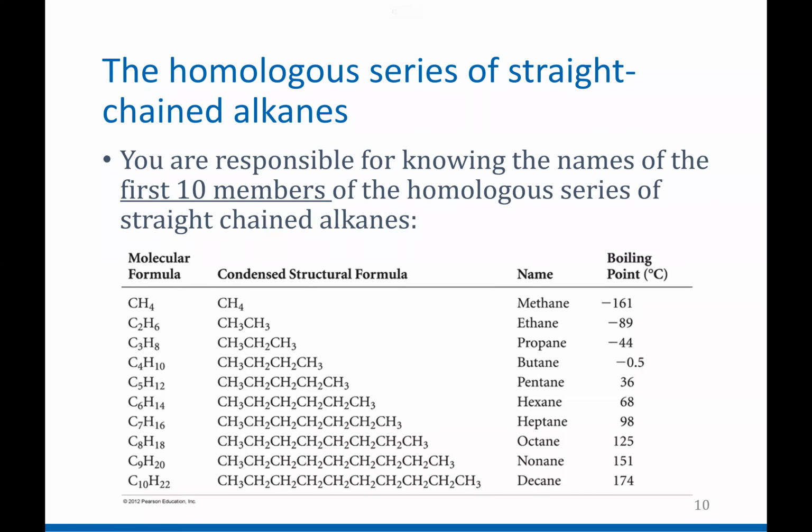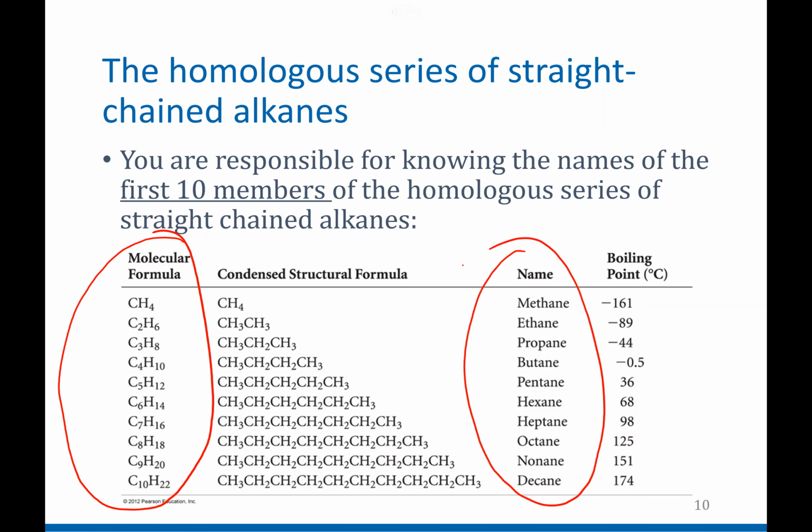Last day we looked at basically what alkanes were, and we looked at this page. If you weren't here last day, these lectures will be uploaded eventually to YouTube. I mentioned last day that you needed to know the first 10 members of what's called the homologous series, or basically the first 10 chains of alkanes.